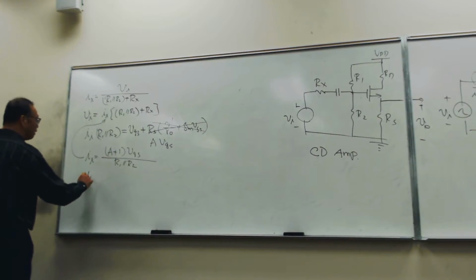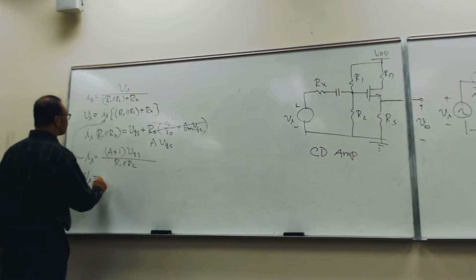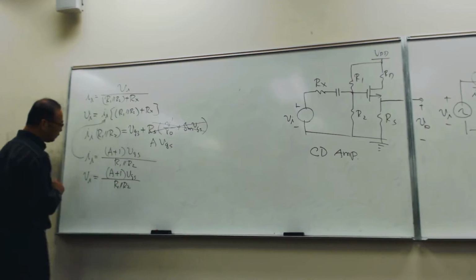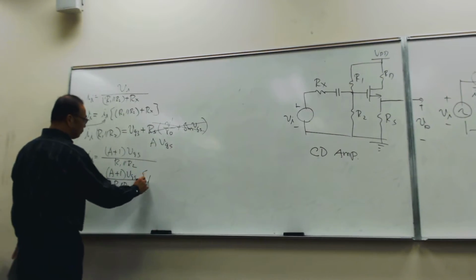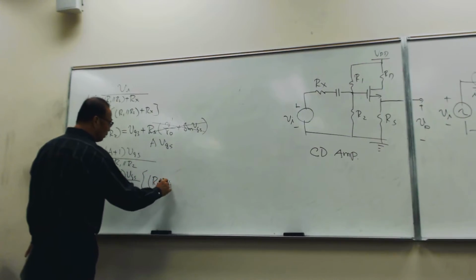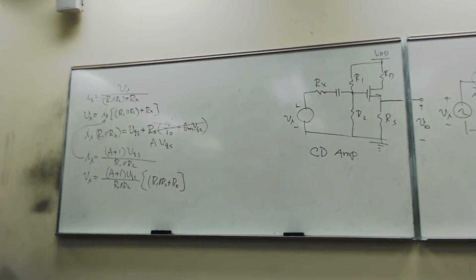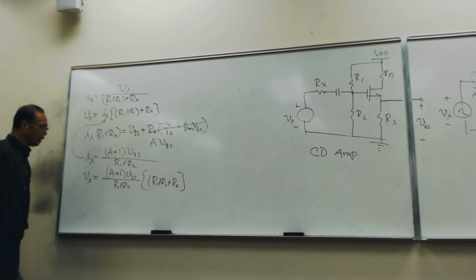So your V sub I will be equal to A plus 1 times VGS over R1 in parallel with R2, times R1 in parallel with R2 plus R sub X. Yes? So I put this here, right? And that's what I have.